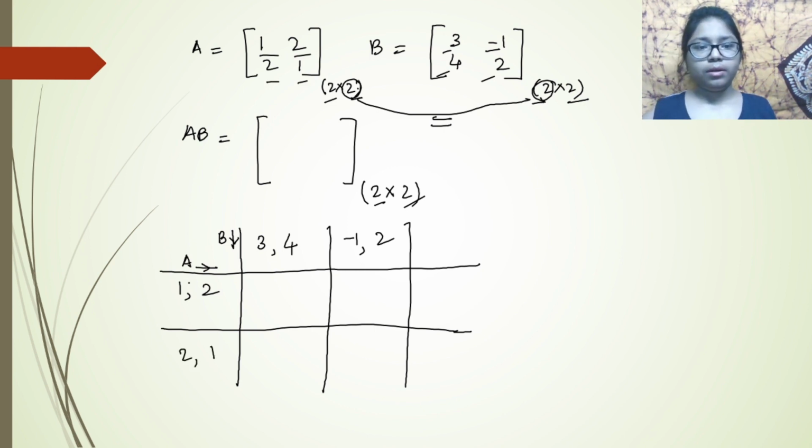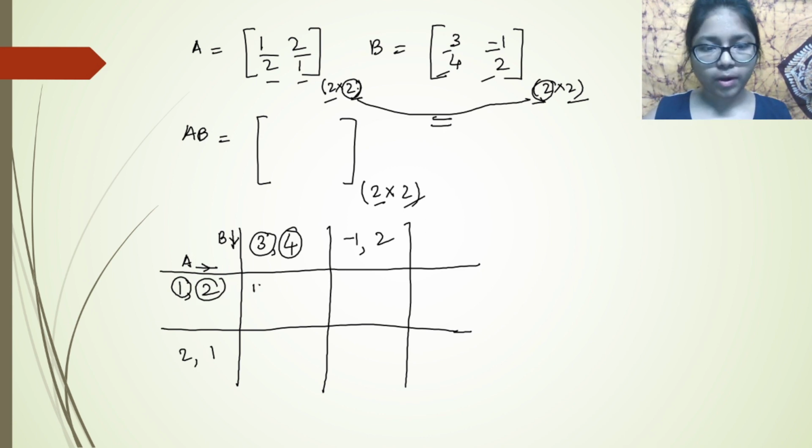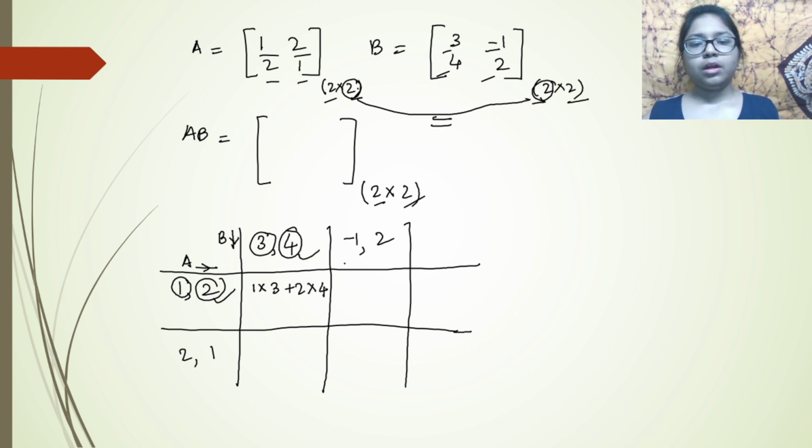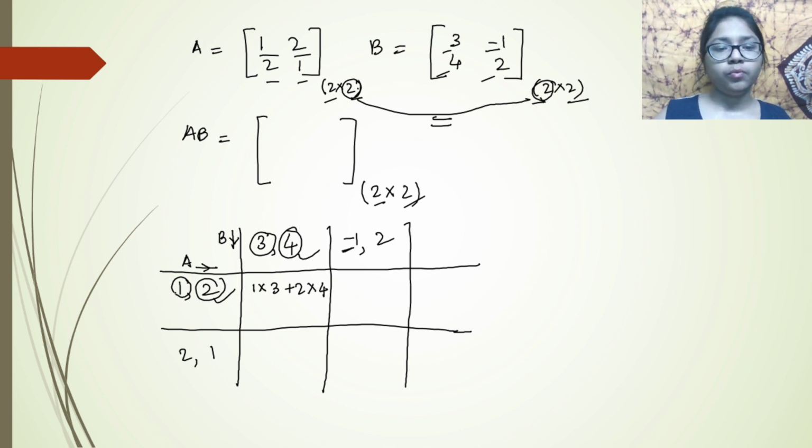Now, multiply this with this plus this with this. So 1 into 3 plus 2 into 4. Now in this box, multiply minus 1 with 1 and 2 with 2, so 1 into minus 1 plus 2 into 2.